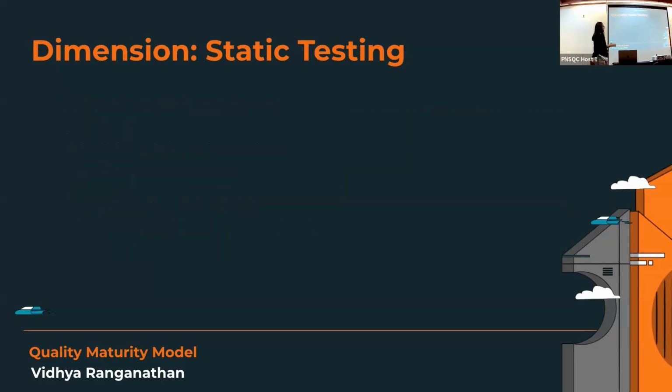So at this point, I'm going to try and give a little bit more insight into these dimensions. And again, our caveat here is that I'm going to give examples of how the bronze, silver, and gold are going to look. It's not a prescription. I'm not going to try and define what static testing is for you all, because you all know that very well.